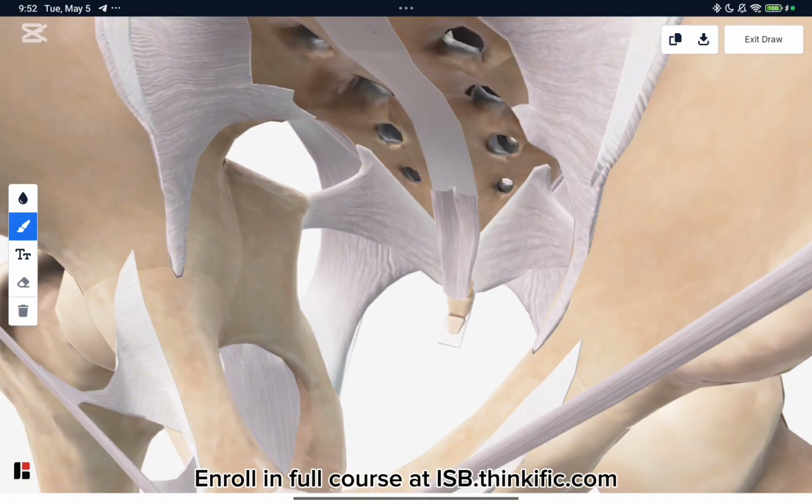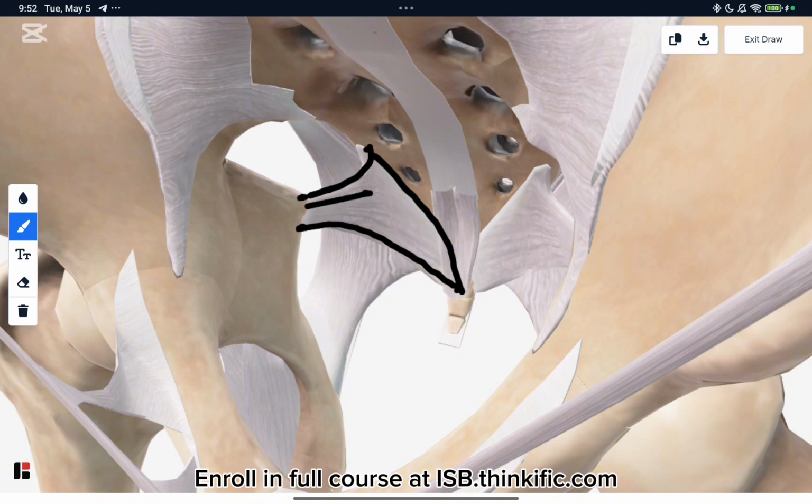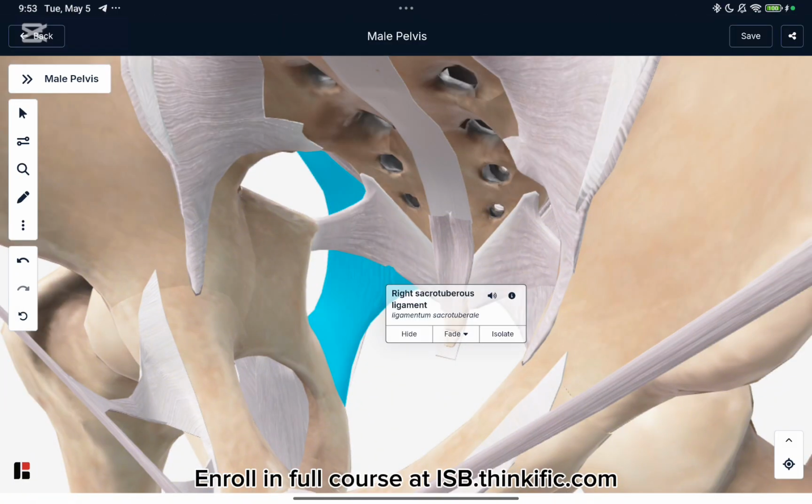The base of the triangle is attached to the front of the sacrum, and the apex of the triangle is attached to the ischial spine. That's one ligament. There's a ligament which is superficial to it, which is this one. It is behind it.